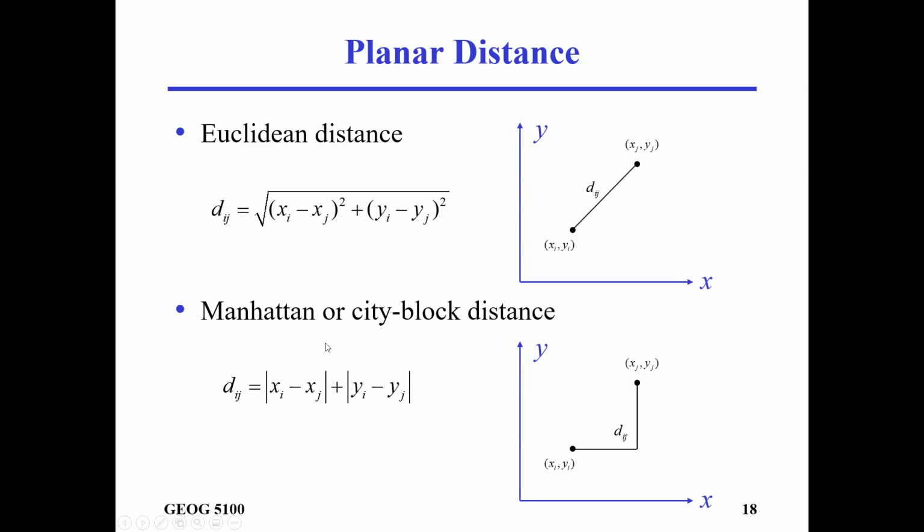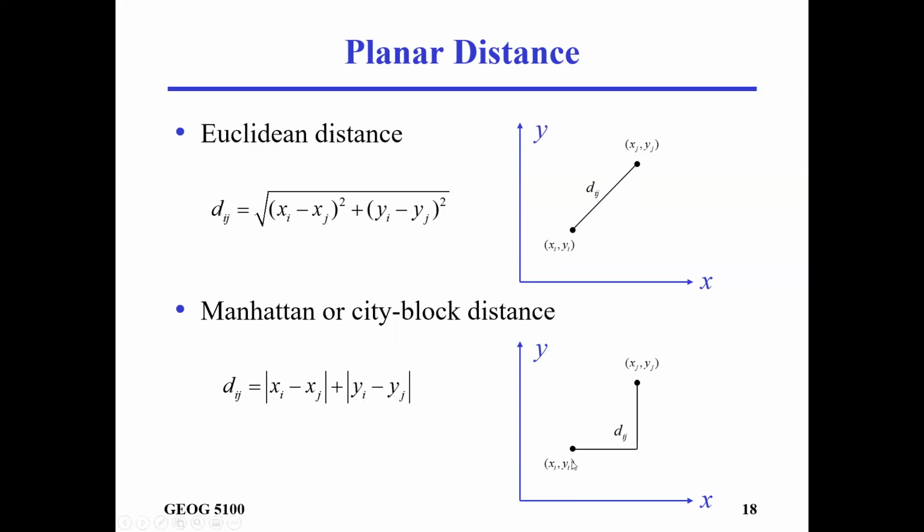The Manhattan distance is defined by this formula, Dij. This time Dij is not Euclidean distance, it is city block or Manhattan distance. It is the absolute value of the difference between xi and xj plus the absolute value of the difference between yi and yj. What does it mean?